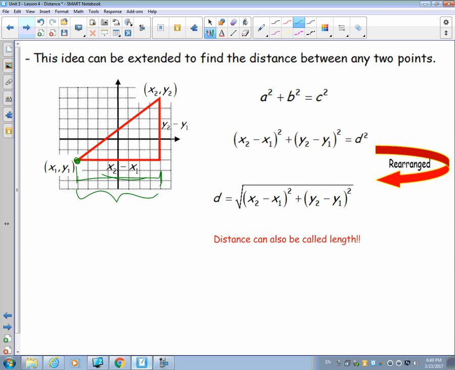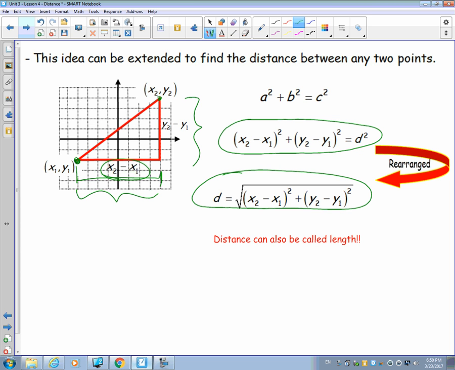So I'm going to do x2 minus x1. I'm going to do the same thing up here for my y's. The difference between them will be how far apart they are, how long that triangle is. So using Pythagoras, I can use the same idea, x squared plus y squared is d squared, square root it, and I'll get this distance equation.